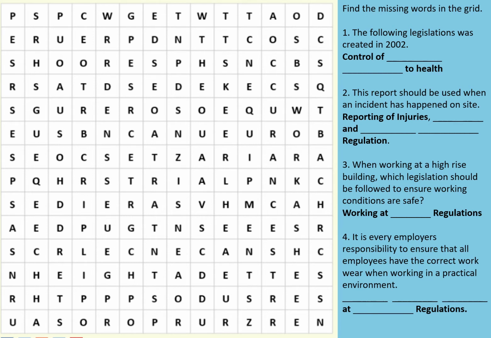Statement 3. When working at a high-rise building, so a building that has more than 2 or 3 floors, which legislation should be followed to ensure working conditions are safe? Working at blank regulations. So just 1 word is missing from that legislation title.